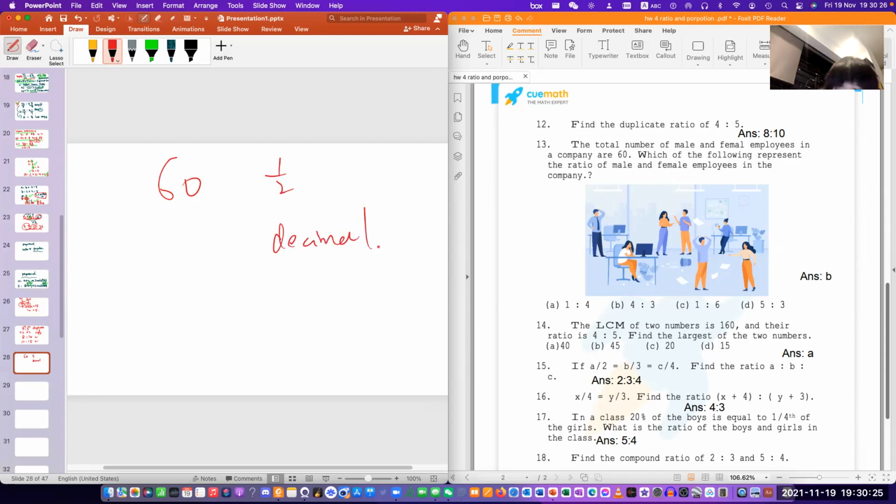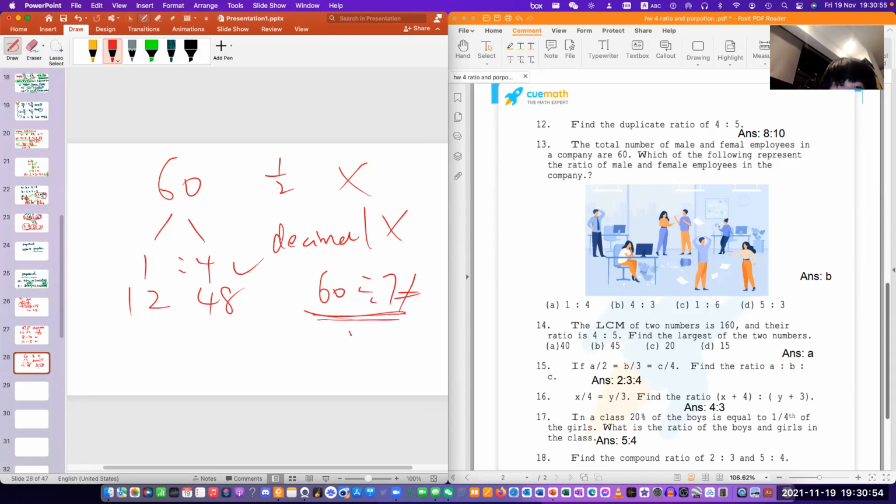So therefore you need to choose 1 to 4. I think it's possible. So 1 to 4, total is 5, so it's 12 here and 48 here. Okay, this is possible.